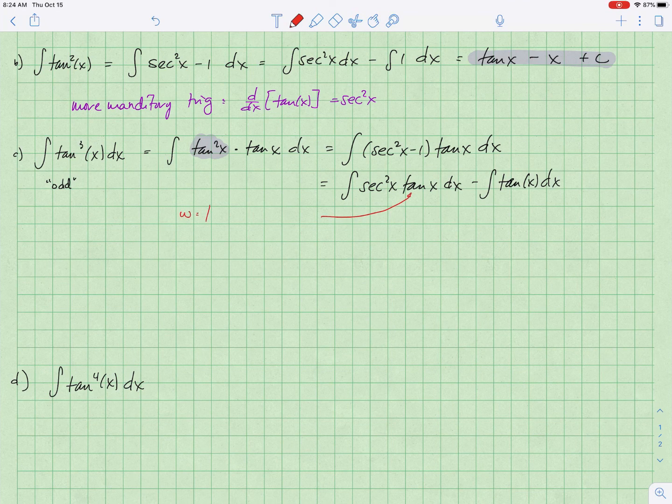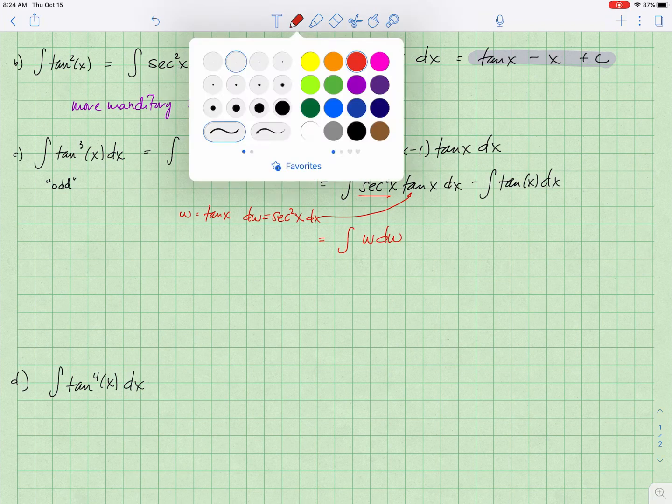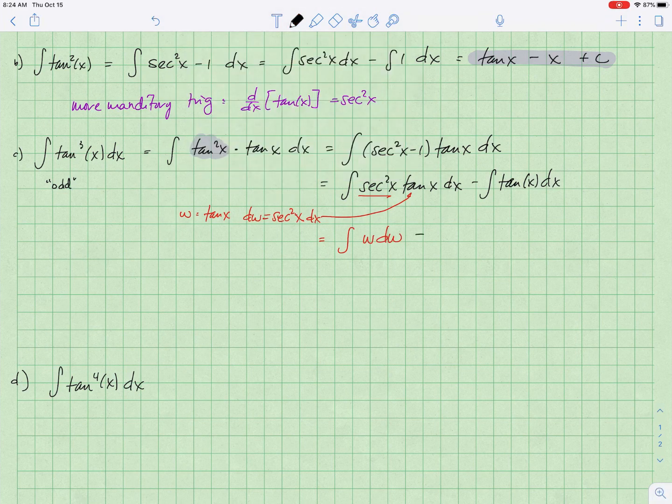Now, for this first integral, we're going to let w equal the tangent of x, because dw is secant squared, which is sitting right out front here. And this becomes the integral of w dw. And then if you know what the antiderivative of tangent is, you can just go ahead and throw that in there. The natural log of the absolute value of the secant plus an arbitrary constant.